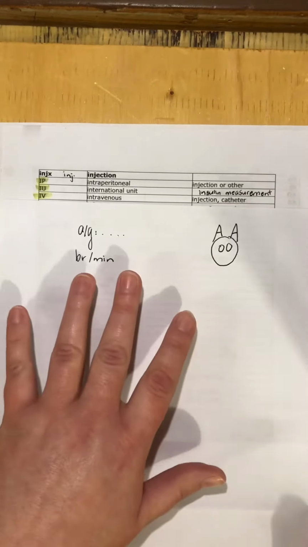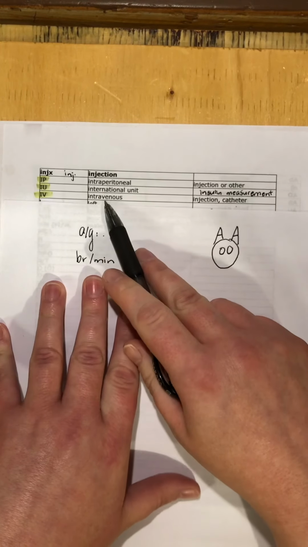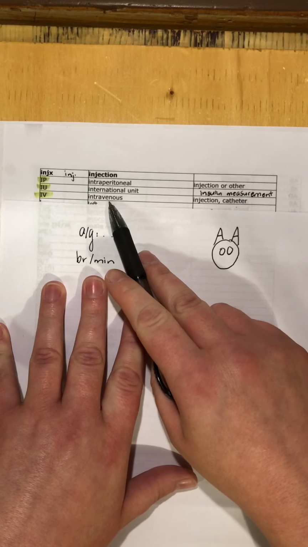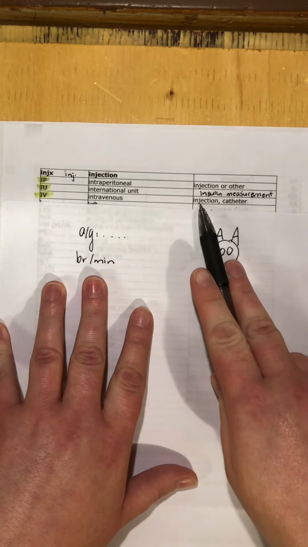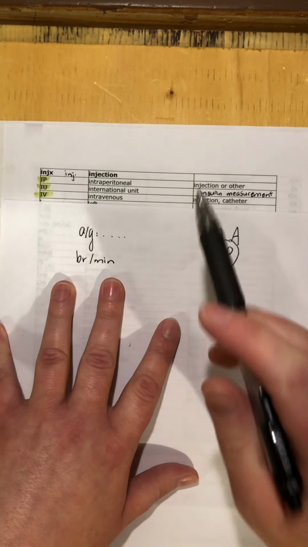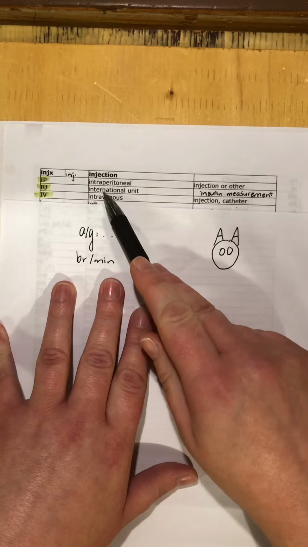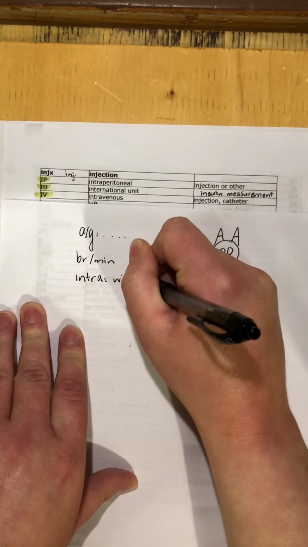Next we have IV. So IV means intravenous. So vein is referring to veins, right? So intravenous is going into a vein. You can have an intravenous injection or an intravenous catheter. So make sure when you're talking about these that you're using intra, because that means within.